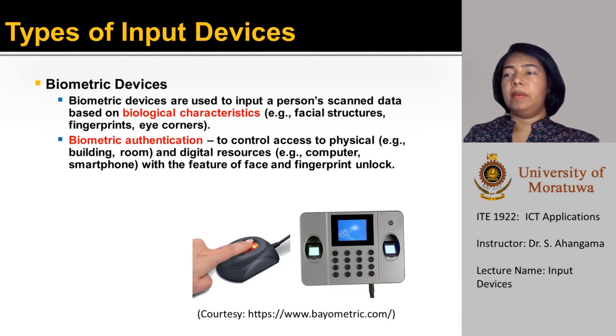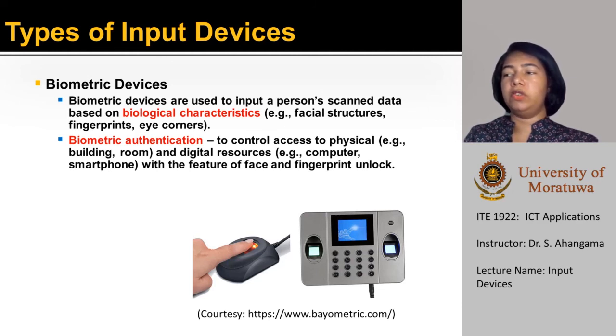Biometric devices. Biometric devices are used to input a person's scan data based on biological characteristics like facial structures, fingerprints, or eye corners. Especially, these devices are used in biometric authentication.